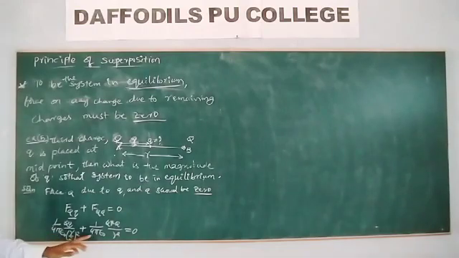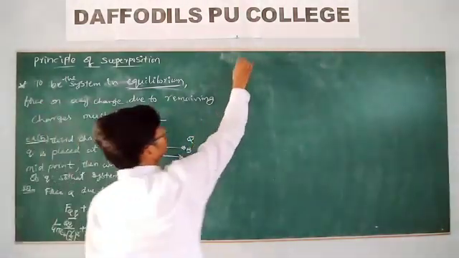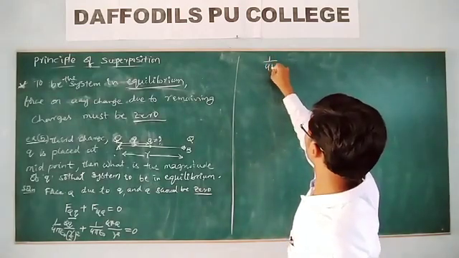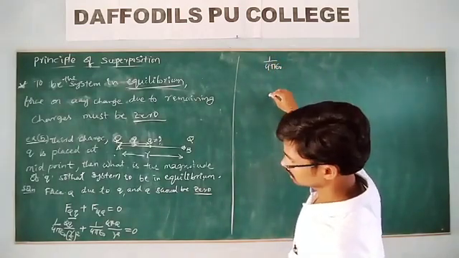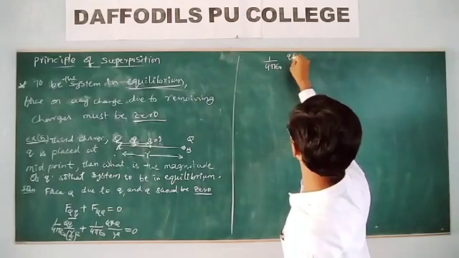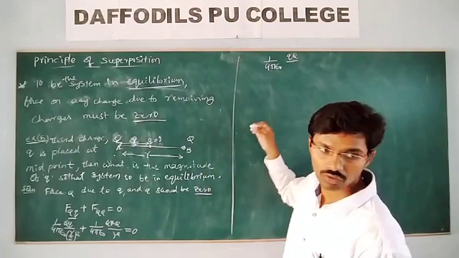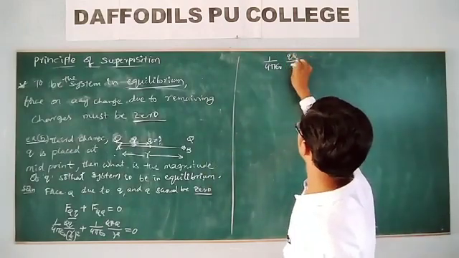So 1 by 4 pi epsilon naught is common. Then Q by R square by 4 will become 4Q by R square.